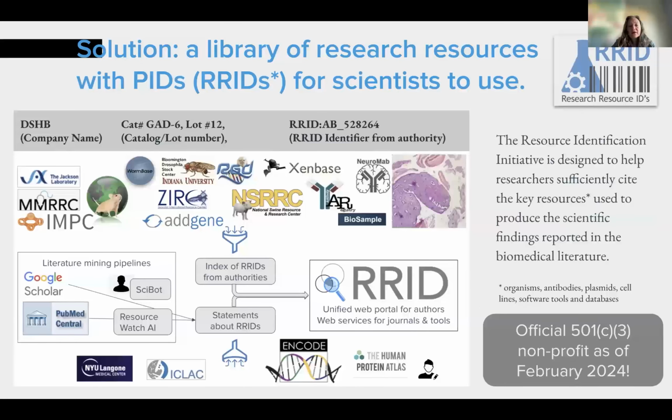So getting back to the research resources, the reagents that are used, there is a project that I have led for 10 years, along with a whole lot of colleagues. It was started out of a set of journals. There were 25 journals that came into the NIH.